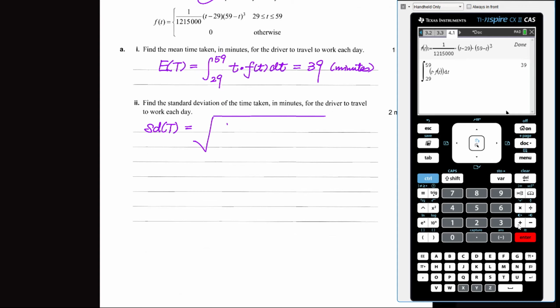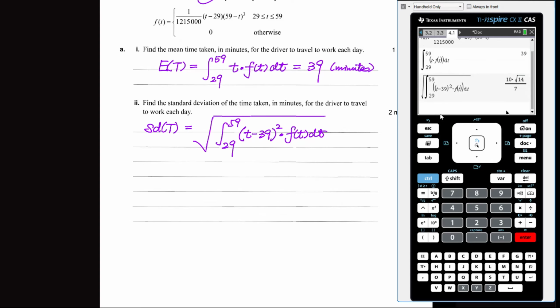It's a square root of the integral from 29 to 59 of t minus 39 squared times f of t dt. I'll put a bracket around t minus 39, and that's the answer.